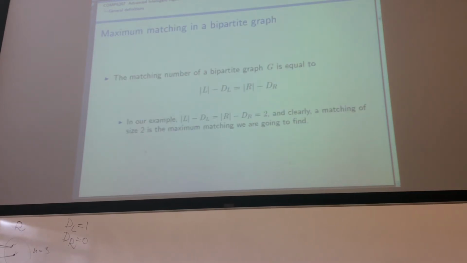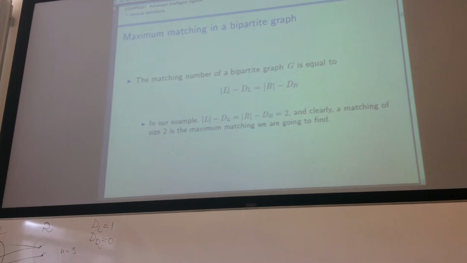And we have the following fact. It does require proof, which I'm not going to provide. It's a little bit long. It's not complicated, it's just a little long. But it's saying the following thing, that the matching number, and once again, what is the matching number?